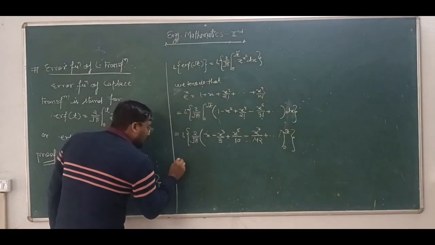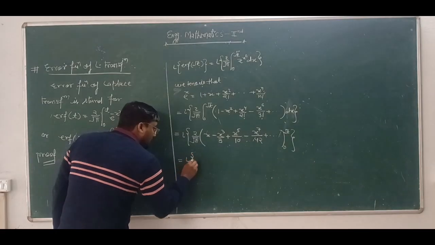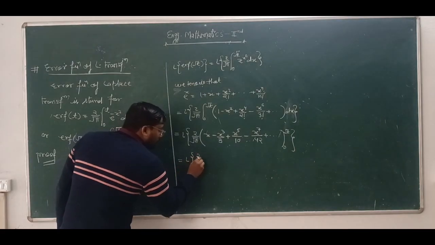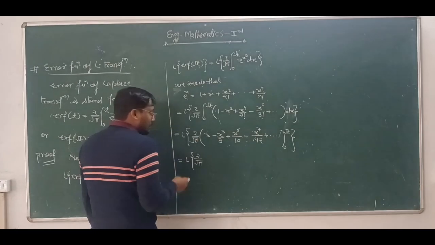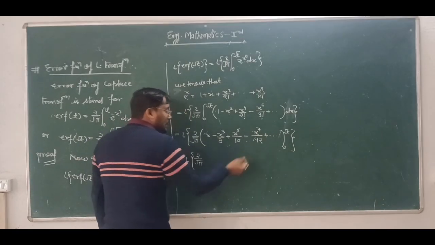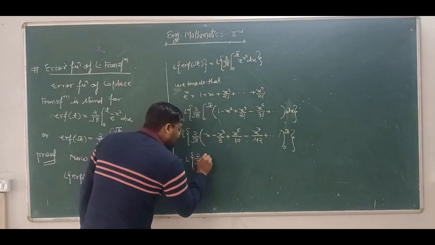Now you apply L of 2 upon root pi. Now putting the value of limit 0 to t.